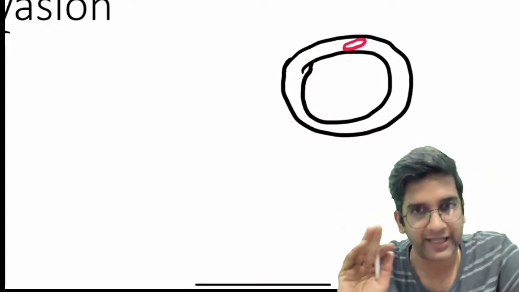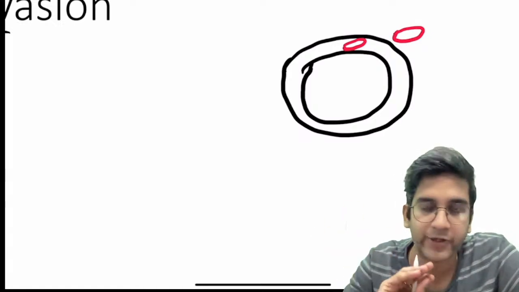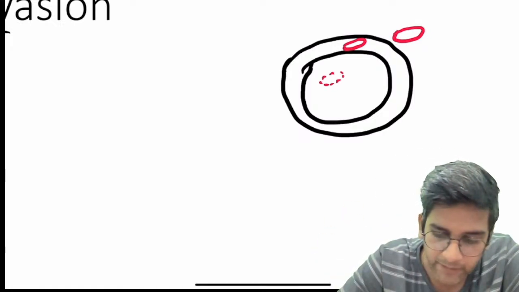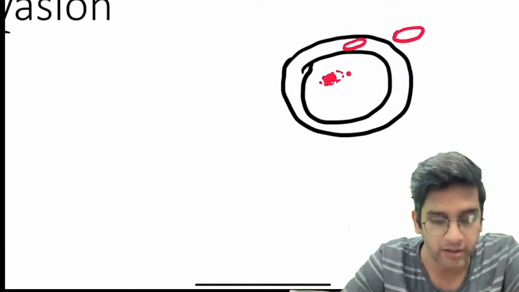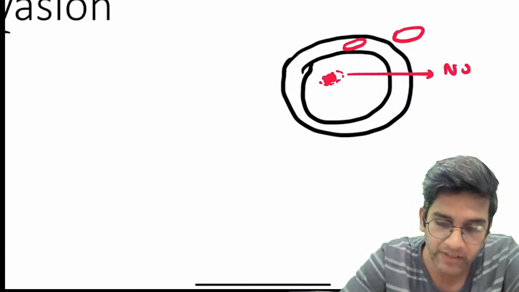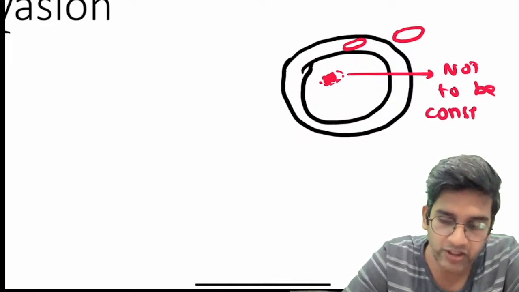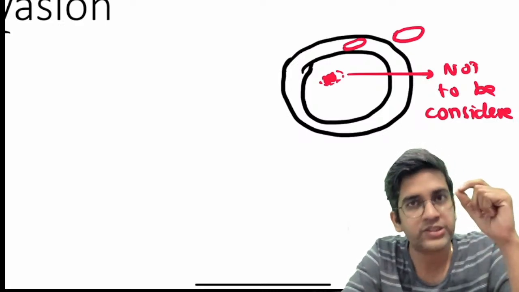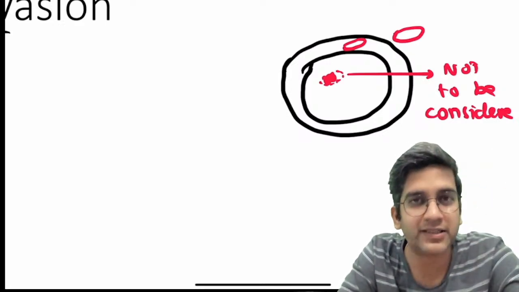I have a vessel here looking like invaded. I'm okay. I will take that. I have a vessel here searching for follicular thyroid neoplastic cells. I'm okay with it. But if I have a vessel here, even though it has an embolus, this is not to be considered. This is something which most students make a mistake. They always search for an embolus inside the tumor, because that is how we did for breast cancer, right?